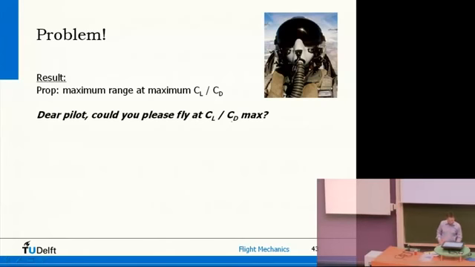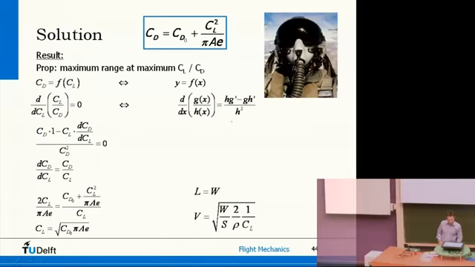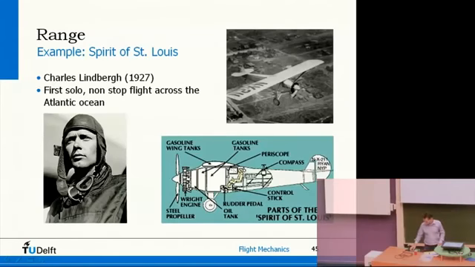Let me find the sheets. So this was the first propeller aircraft that actually flew from New York across the Atlantic Ocean. Back in those days, nobody had ever flown across the Atlantic.